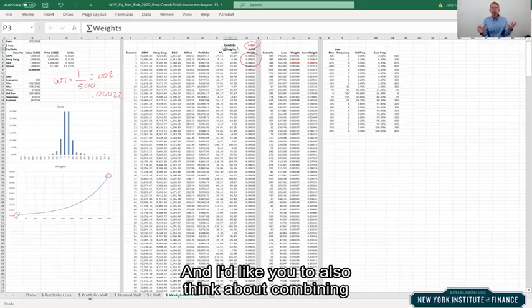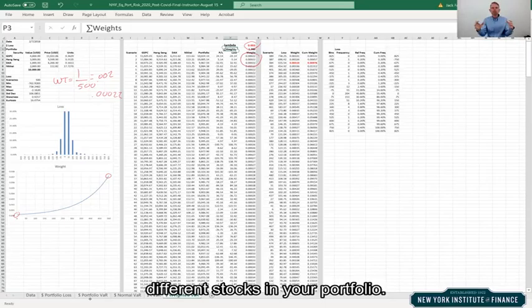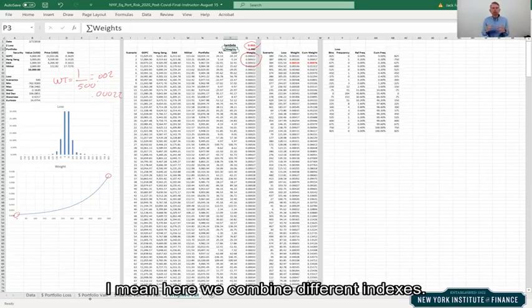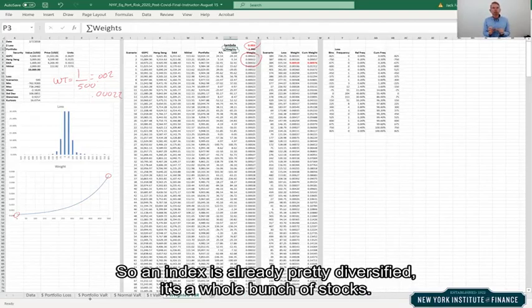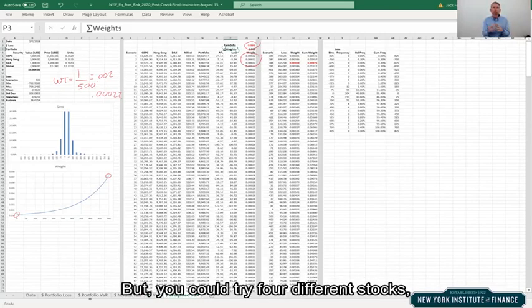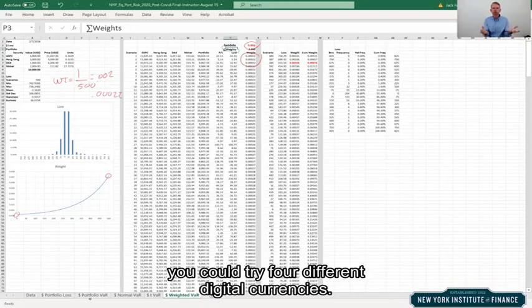And I'd like you to also think about combining different stocks in your portfolio. I mean, here we've combined different indexes. So an index is already pretty diversified. It's a whole bunch of stocks. But you could try 4 different stocks. You could try 4 different digital currencies.